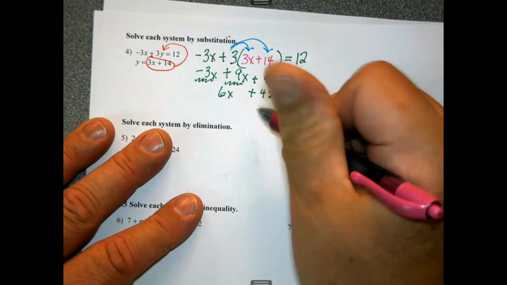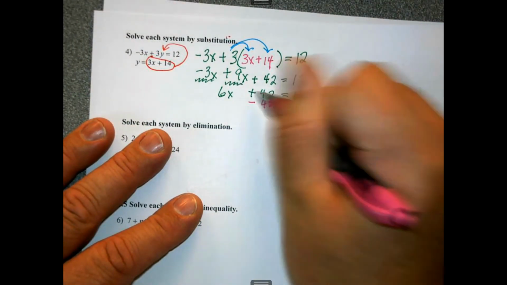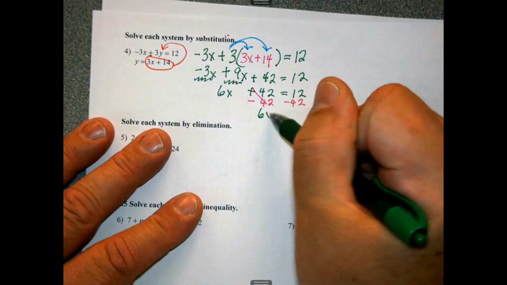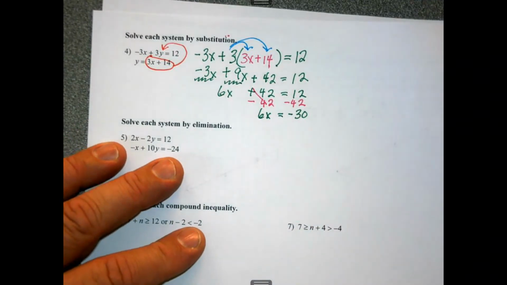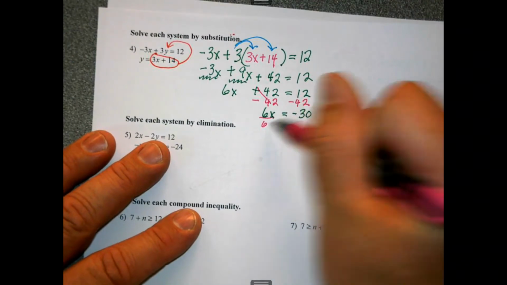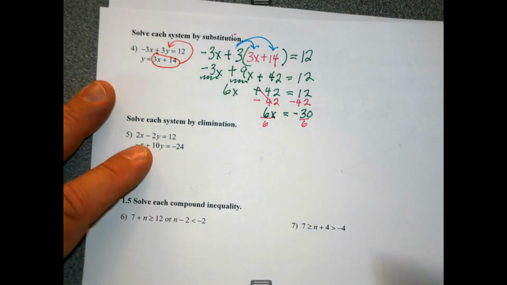Subtract 42 from both sides. I get 6x equals negative 30. Divide both sides by 6, and I get x equals negative 5.